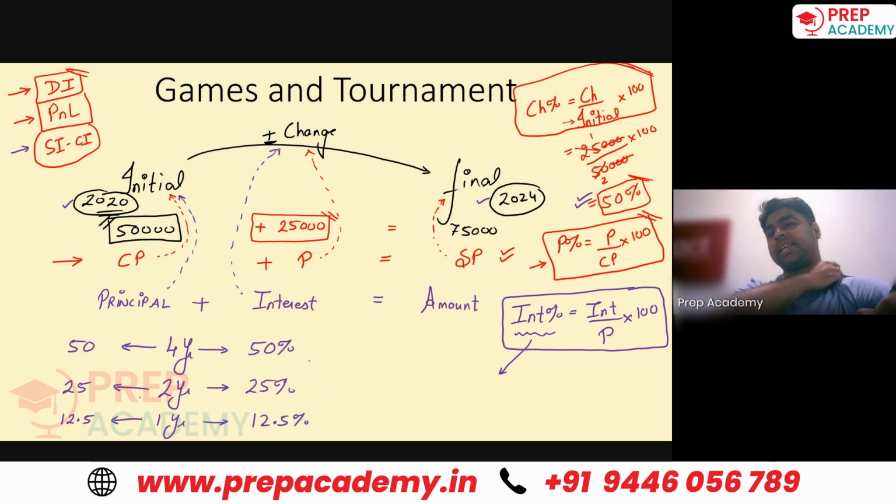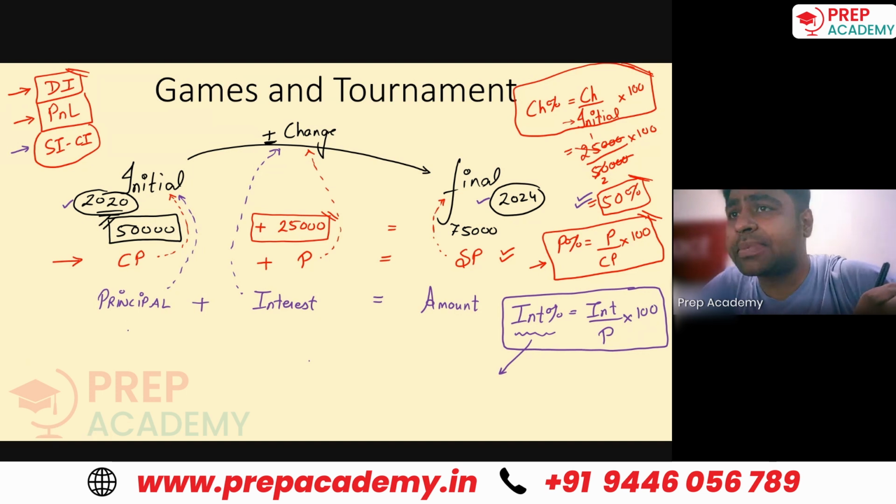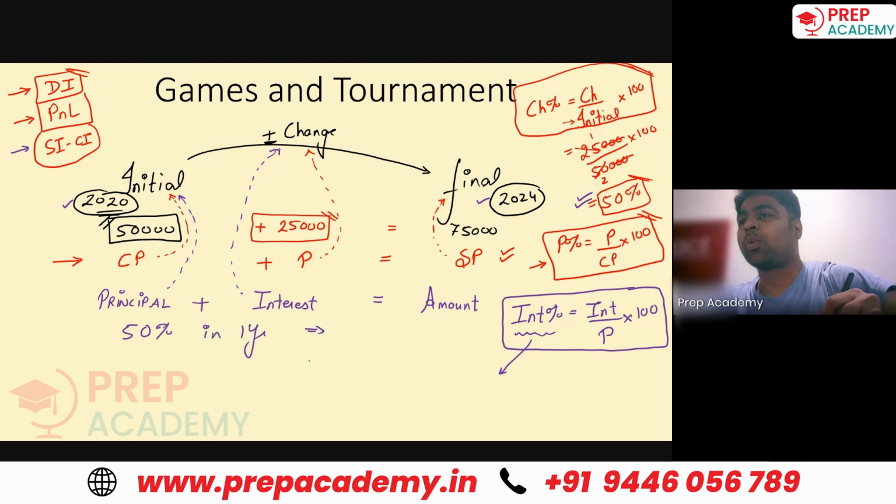So I was saying in 4 years it is 50 percentage, but I guess it was becoming confusing because of the way I was explaining it. It is not your fault, it is my fault. No issues. Okay. So if Henna gives me 50 percentage in 1 year, what is the interest percentage I am getting per year? 50%.